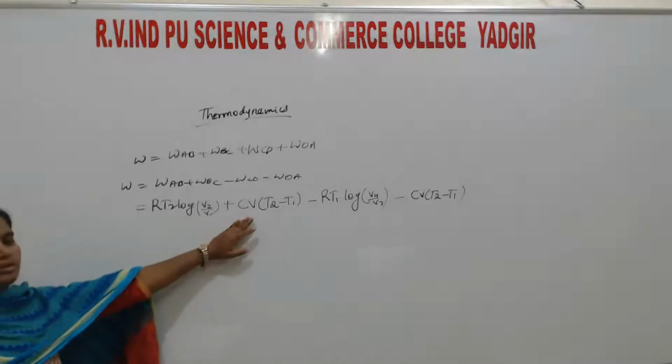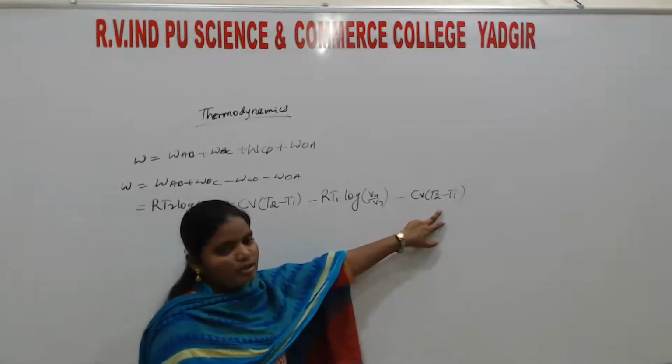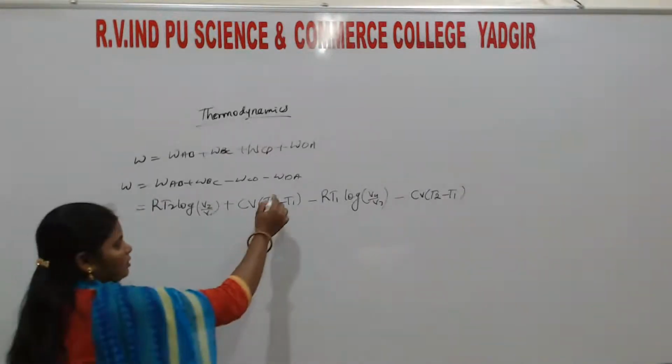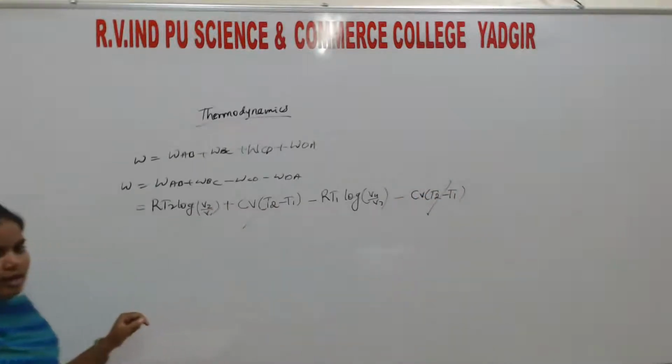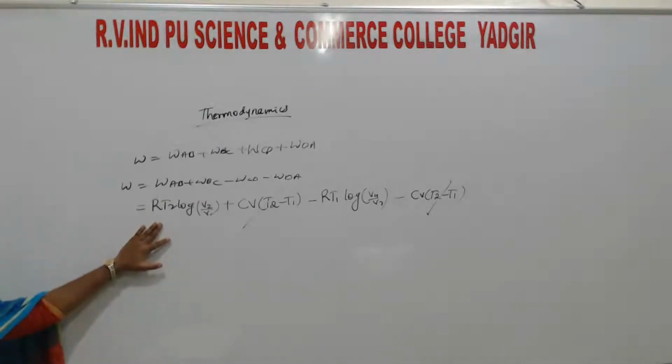This one is a positive CV T2 minus T1 and this is a negative CV T2 minus T1. Here, positive and negative cancel, and you get RT2 log of V2 by V1 minus RT1 log of V4 by V3.